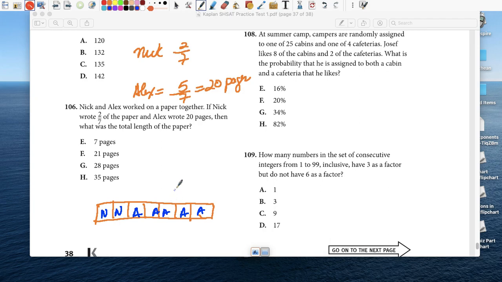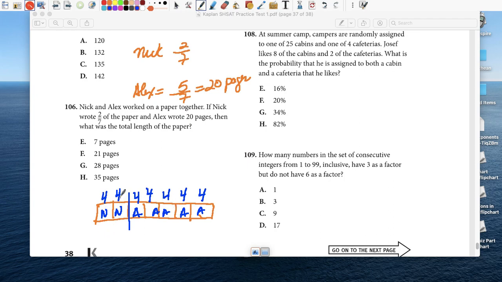So, if 5 sevenths is 20 pages, that means that each of these boxes is 4. Each seventh is equal to 4. Which means this is another seventh, and this is another seventh. That also equals 4.